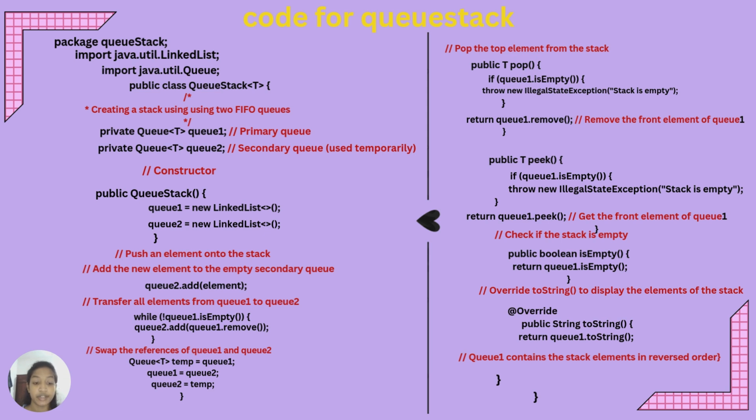Checking if the stack is empty: this method simply checks if q1 is empty and returns a boolean value. String representation: the method overrides the toString method to display the elements of the stack.